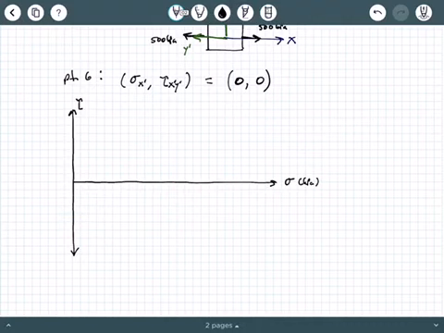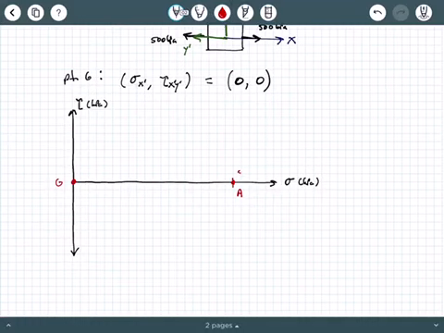So now we're ready to draw our circle because we have enough information to sketch it. I'm going to try to sketch this very nicely. My vertical axis is my tau axis. My horizontal axis is my sigma axis.